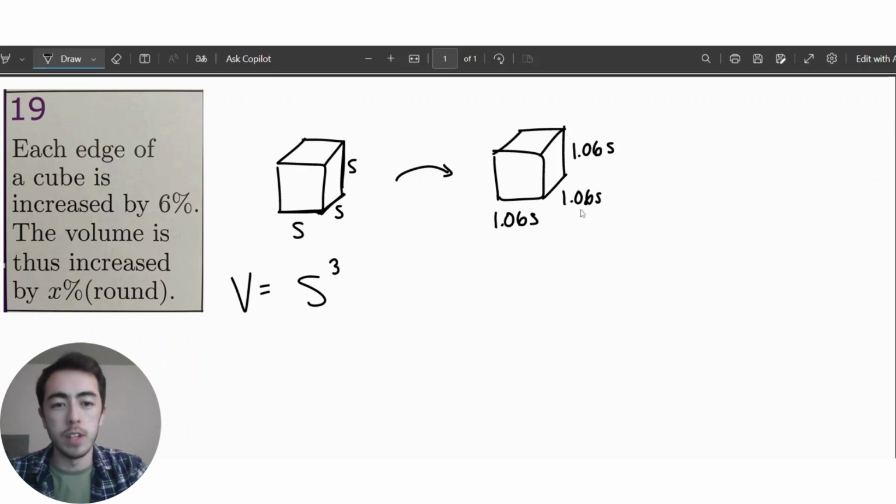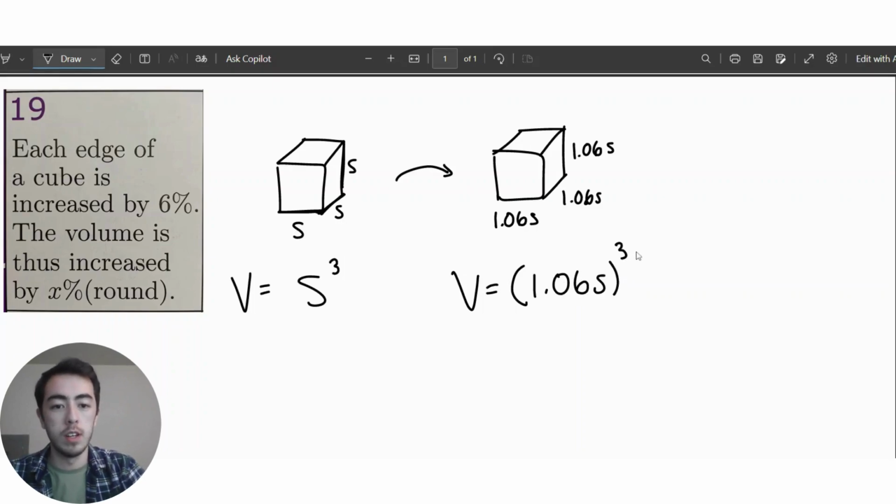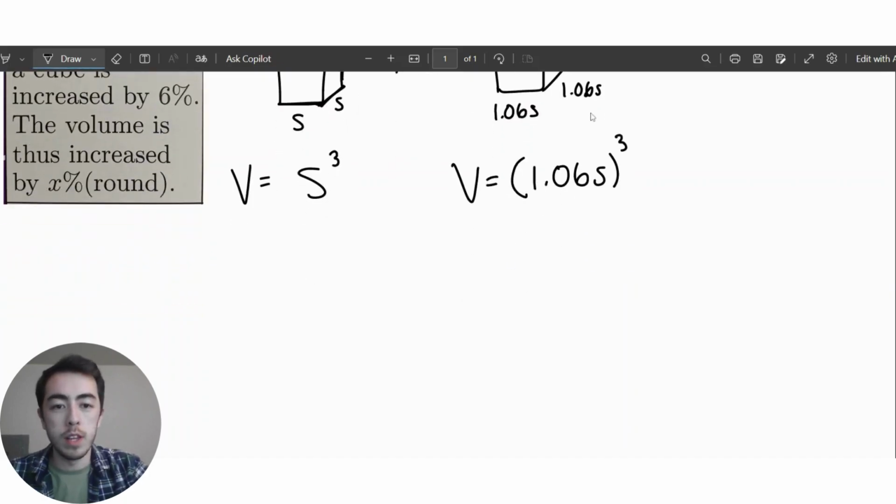If I wanted to find the volume of this, it's still length times width times height, but I'm including this 1.06 on all three of my dimensions. So when I multiply this out and cube it, I'm going to get 1.06 cubed times S cubed for this new volume.